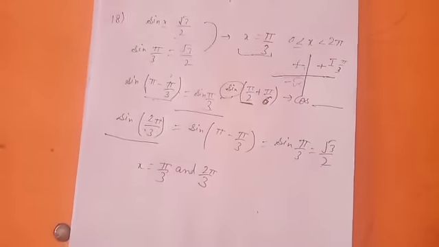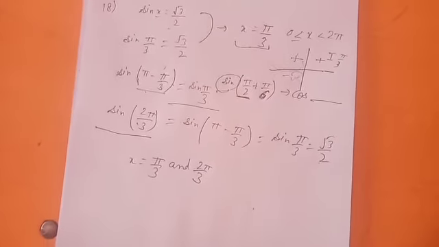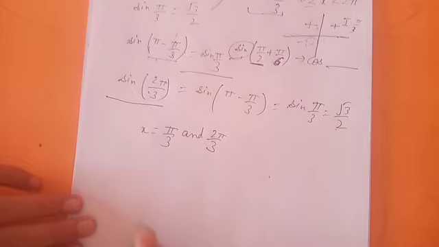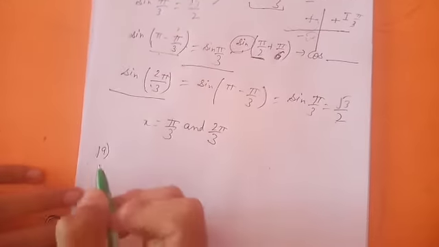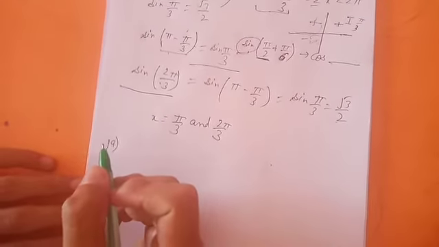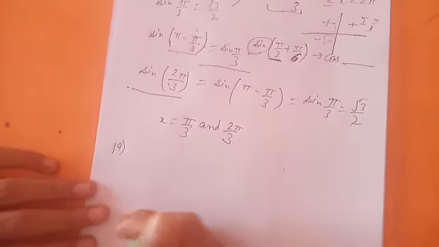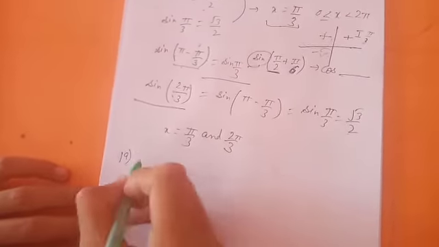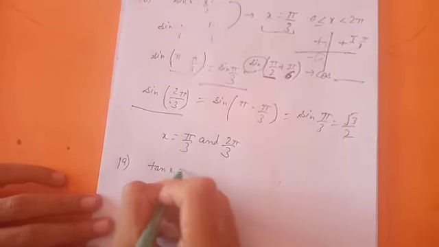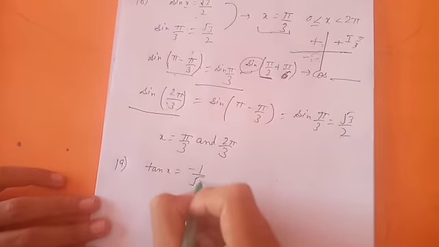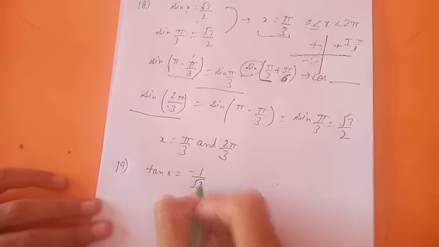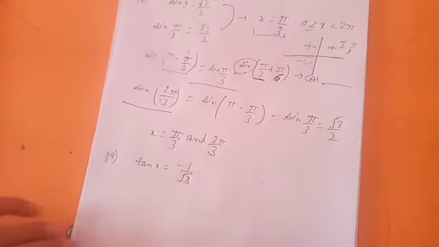Now similarly, in next question, number 19, it is an example. It is asking the principal solutions of tangent x equal to minus 1 by root 3. Okay, now again we will make a graph.